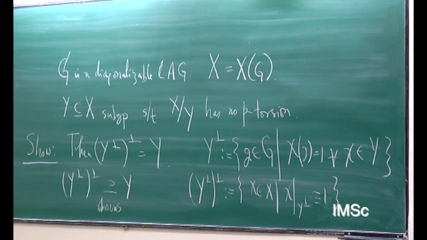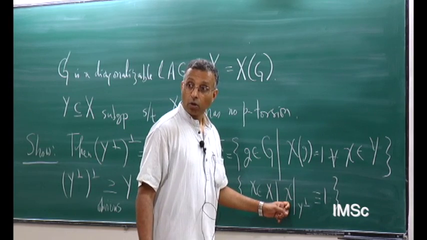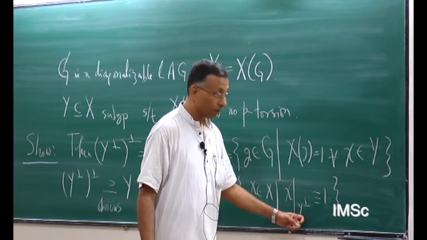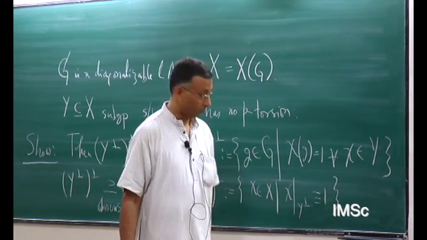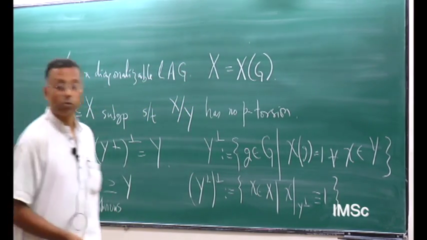Right, this is obvious because what does this mean? Surely if chi belongs to y, then chi restricted to y perp is identically 1. Okay, so here is the suggested solution.